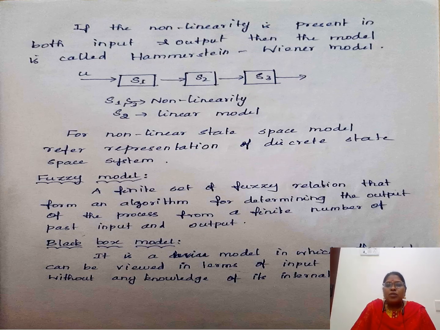And the black box model is a model that can be viewed in terms of input and output, without any knowledge about its internals. Whenever a flight crashes, they immediately search for the black box, because all the data is recorded in it, so they can easily trace what happened while the flight was flying. That can be easily identified with the help of this black box model.